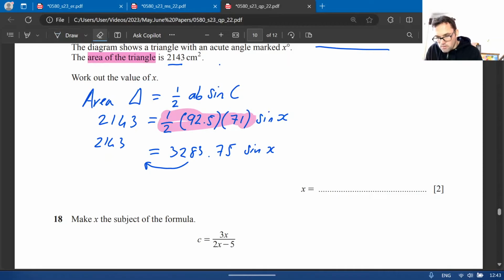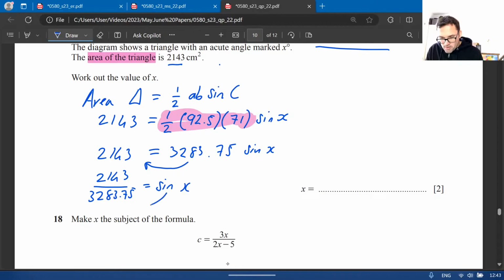See, that's not correct. 2, 1, 4, 3. And the next step we'll divide it, and that will be equal to sin x. So we need to move that sin to find out what is x. Sin to the other side means we need to do the inverse of sin, sin minus 1. Okay. 2, 1, 4, 3.